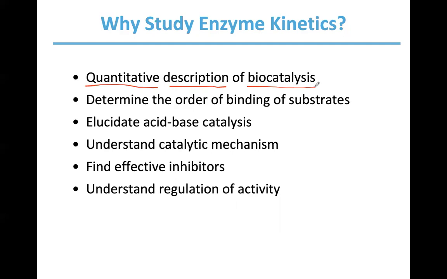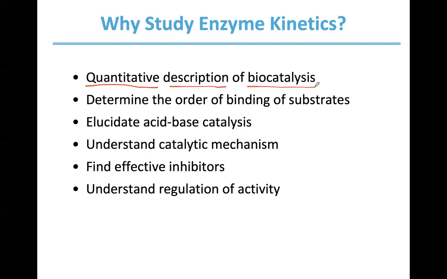But we have not been able to quantitatively express those, right? So for example, if I give you two inhibitors, you may say this inhibitor is better than that, but why, right? What kind of quantitative description can you give me that shows that this inhibitor is better to use than that inhibitor, right?